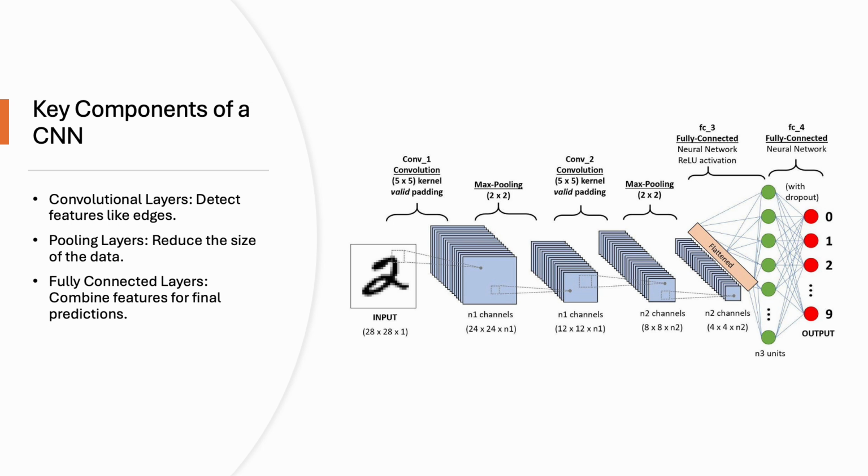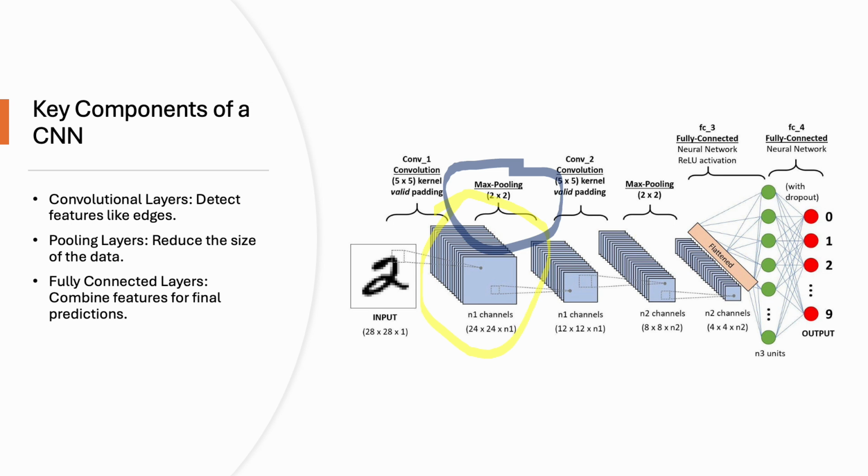So let's start with the key components of a CNN. First, there are convolutional layers. The convolutional layer detects features like edges, patterns, and so on. Then after the convolution layer, there is a pooling layer.